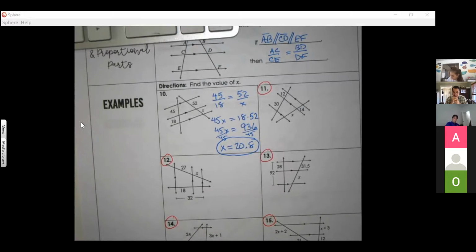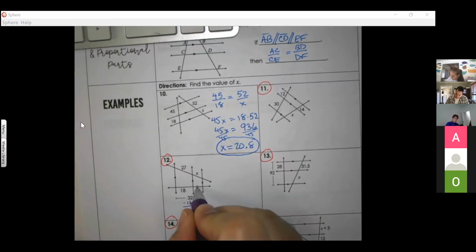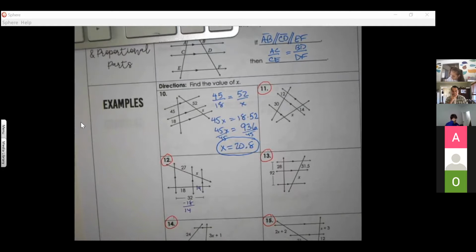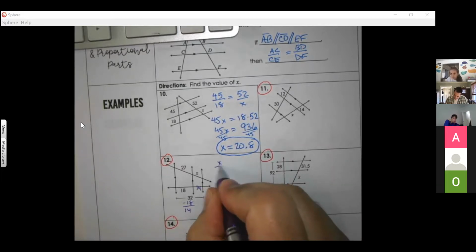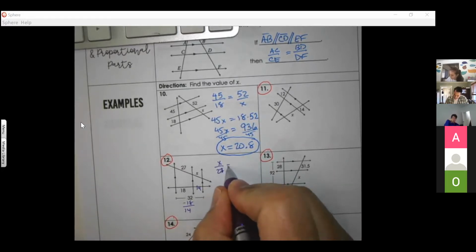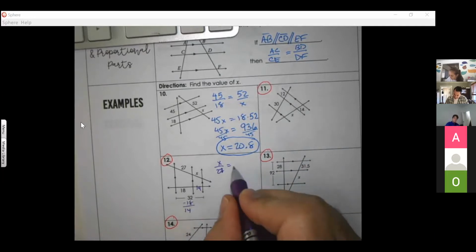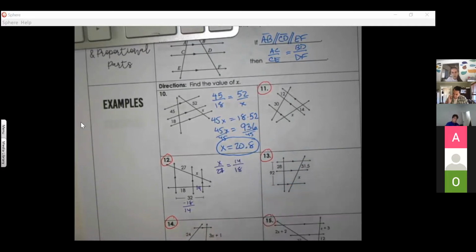Well, the first step is going to be subtracting 18 from 32. Good. And then once you've done that, you're going to set up x over 27 equals 14 over 18. Right, beautiful, Joe.